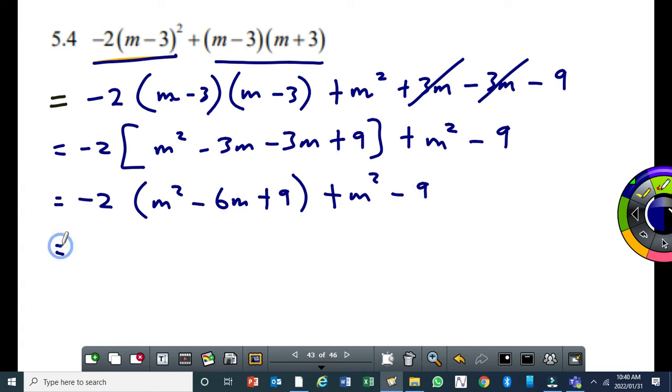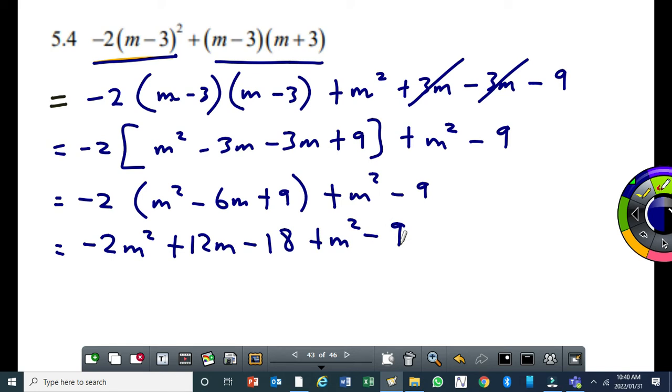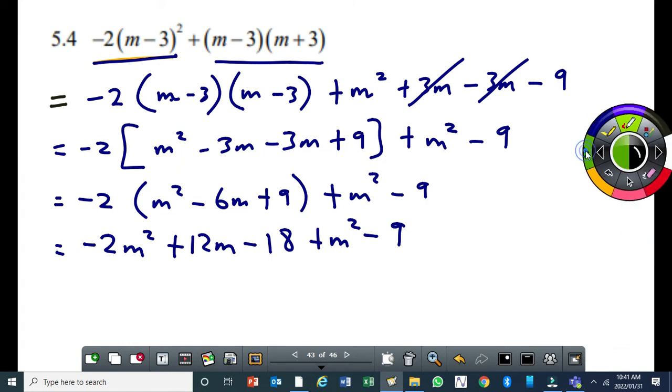Then we remove brackets, get minus 2m squared plus 12m minus 18 plus m squared minus 9. Okay? Then we add or subtract the like terms. So minus 2m squared plus m squared, they are like terms.